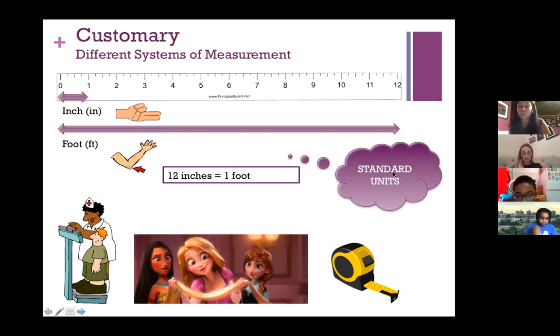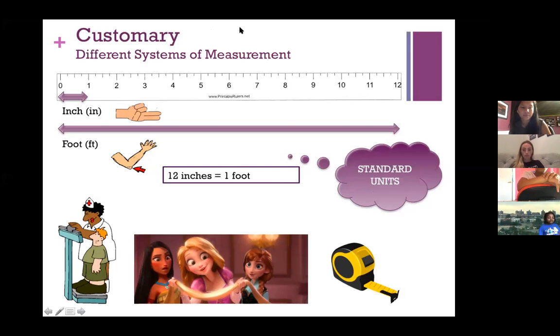Standard units. So what very attentive scholar can tell me what 2 systems of measurement we learned about today? I'll give you a clue. There's one on the board. And there's one that we talked about, centimeters and meters. Tamaya, what is one system of measurement we learned about today?